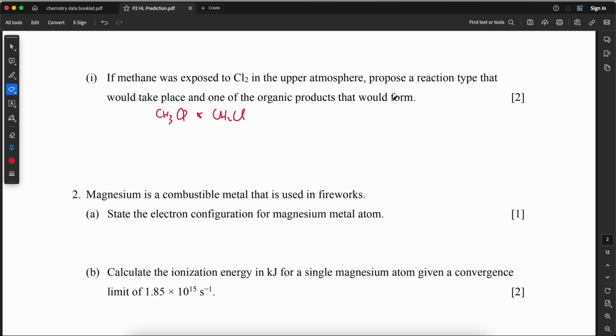So the type of reaction would be free radical substitution. So when CH4 reacts with Cl2 under UV radiation, a free radical substitution will occur. So the hydrogen atoms in CH4 are replaced by chlorine atoms.